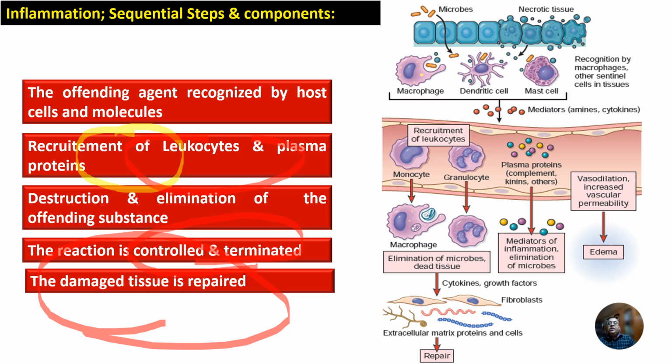So here you can see the epithelial cell lining, and it is invaded by microbes, or there is presence of necrotic tissue that invites macrophages, dendritic cells, or mast cells.